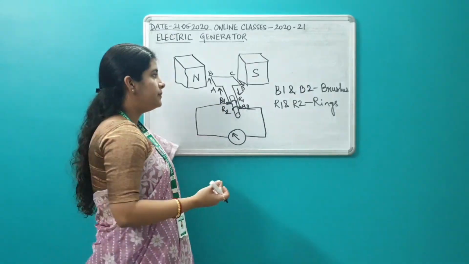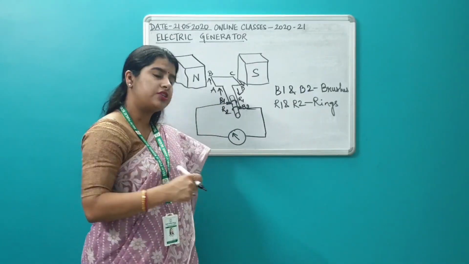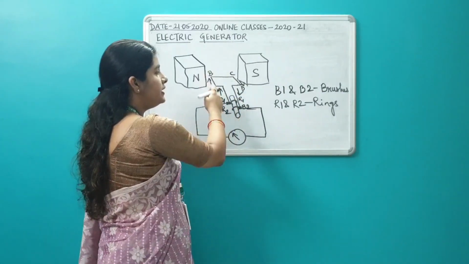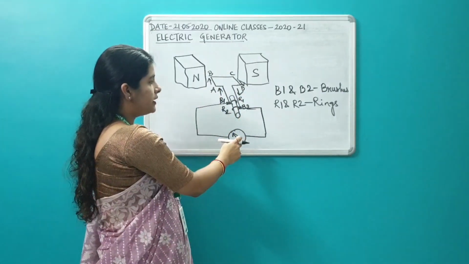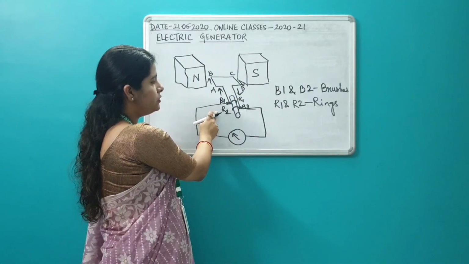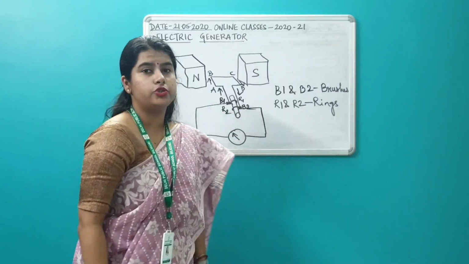So when this happens, current flows in the opposite direction, D, C, B, A, and in the outer circuit it flows from brush B1 to brush B2.